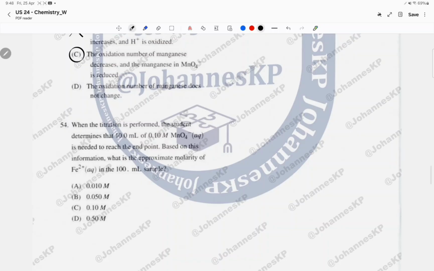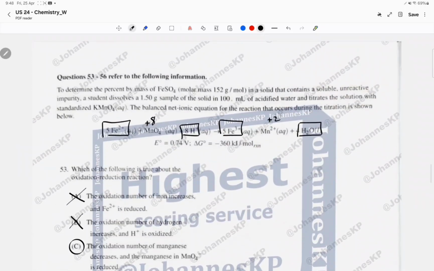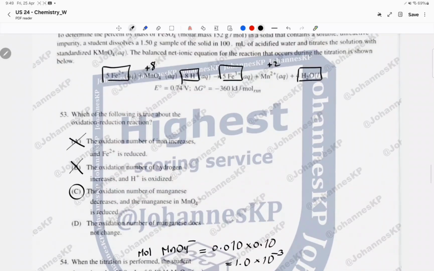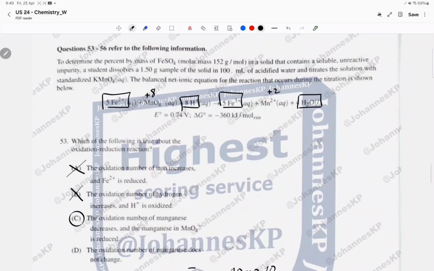Okay, point based on information. So let's just find the mole of the MnO4 negative, which is 0.010 liters times 0.10, 1.0 times 10 to the power of -3. That's how many moles we have of MnO4. So how many moles would that be of Fe2 plus?